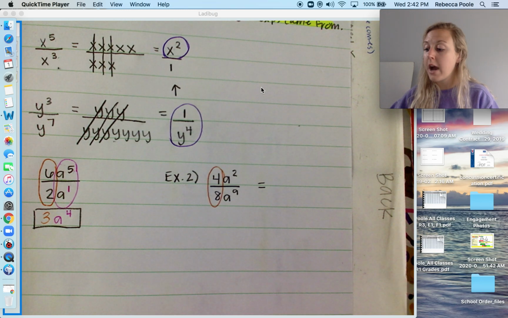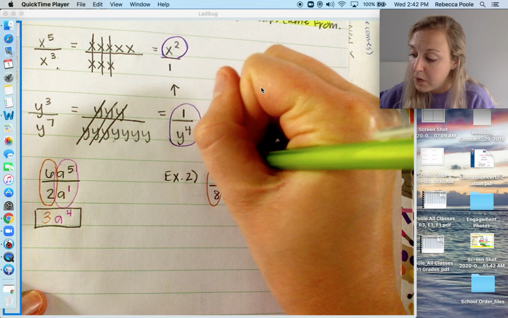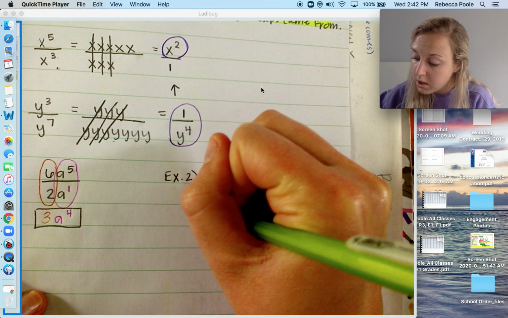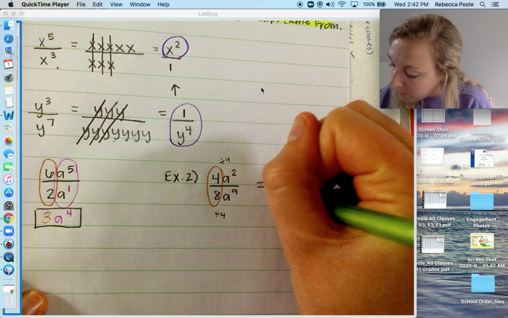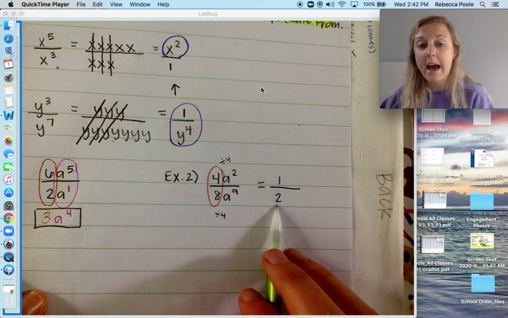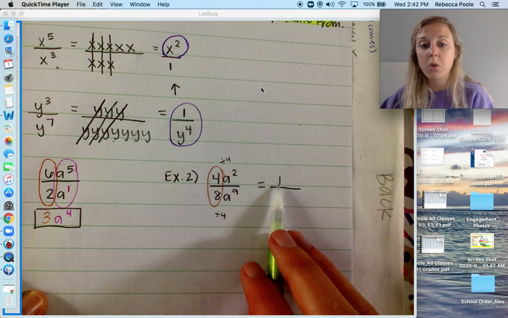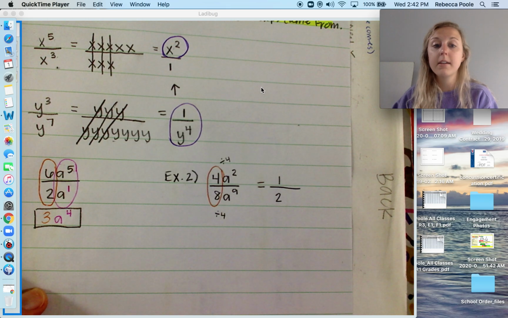So 4 over 8 we can't divide, but it does reduce. If you divide both of them by 4, then you get 1 over 2, because 4 divided by 4 is 1 and 8 divided by 4 is 2. They both can go into 4, okay?